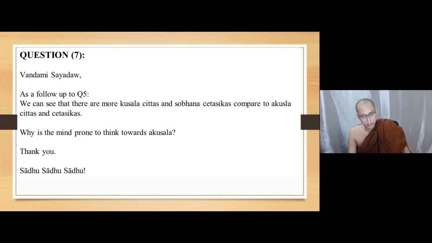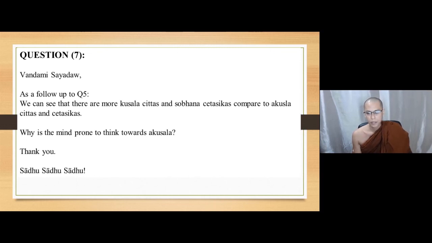So the Buddha's teaching says that the mind always likes the unwholesome, according to its own nature. It means it is comfortable with the unwholesome, because along the long cycle of existence our mind has been connected to the unwholesome.